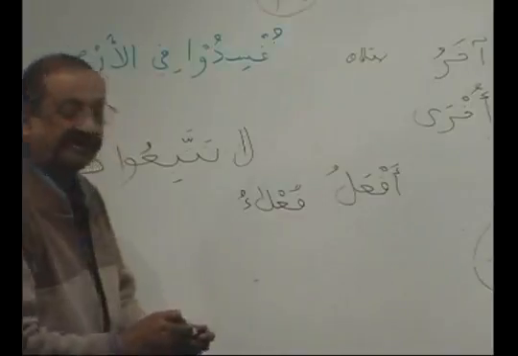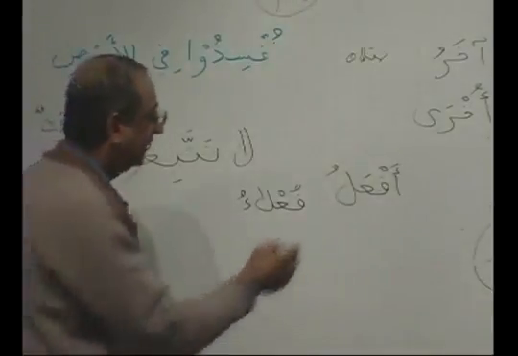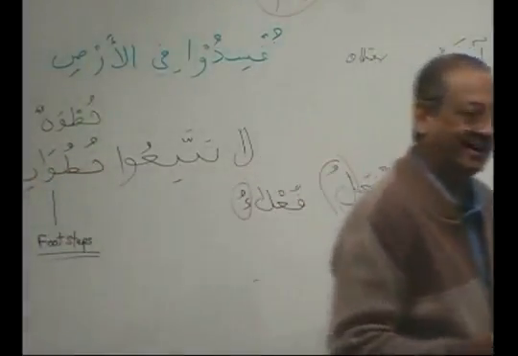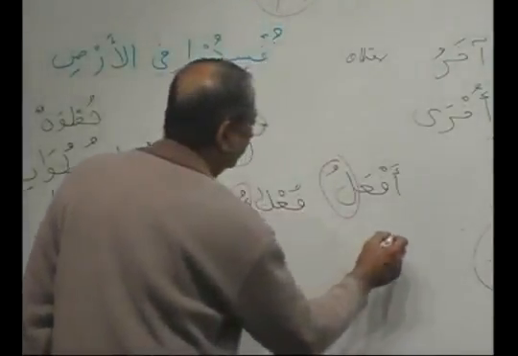See, in both cases, there is a single dhamma. So that is diptote. Are you with me, brothers and sisters? Okay. Now, if you were to say ahmaru, it will become hamra'u. Are you with me? I will write down again. Let's try to do something.